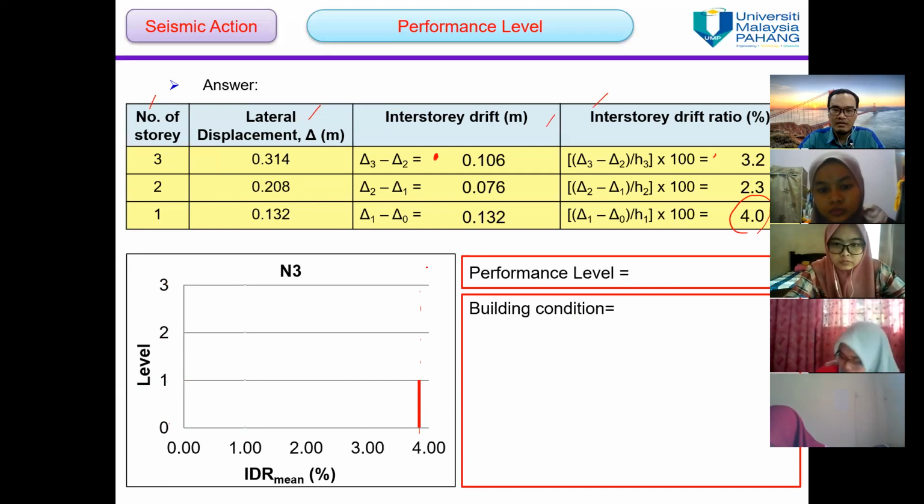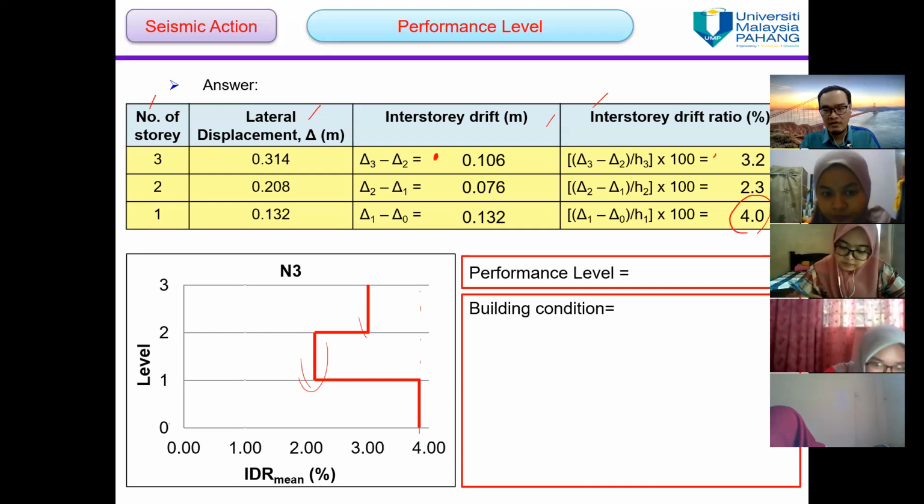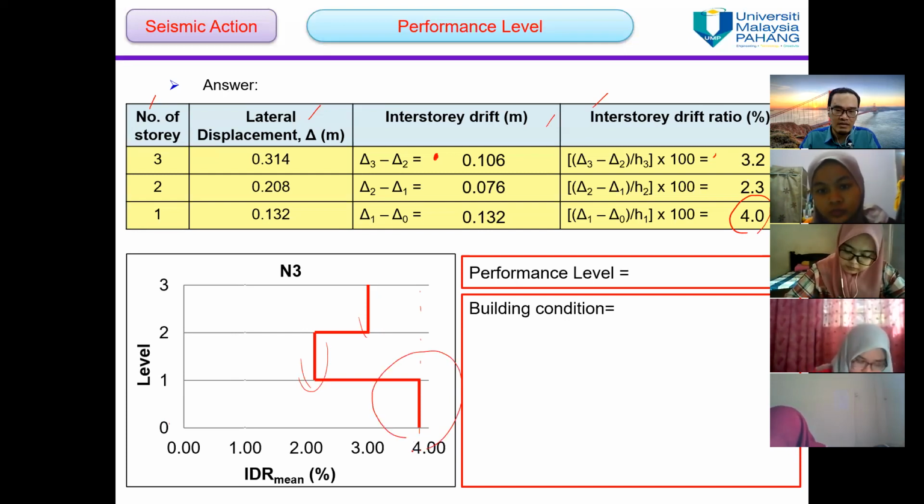Story number 2 is 2.3, around here. Story number 3 is 3.2, around here. So this is the distribution of interstory drift ratio along the height of the building. The bottom story will experience the highest interstory drift ratio.